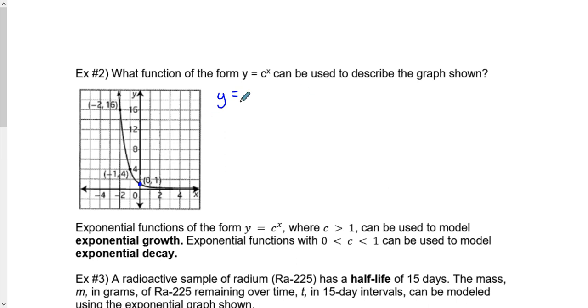Because I could plug any number in. Well, as long as it's a number, not 0. And a number to the power of 0 will always equal 1. So this is a bad point. So what we want to do is look at the other points. What number?